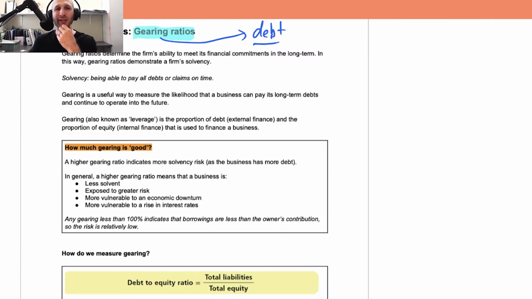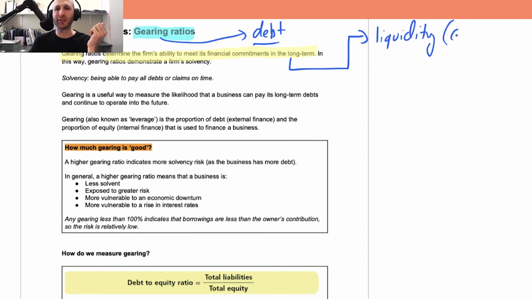So why do we care about this? Gearing determines the firm's ability to meet its commitments in the long term. If I recall our previous video on the liquidity ratio, which was the current ratio, that was very much about the short term.